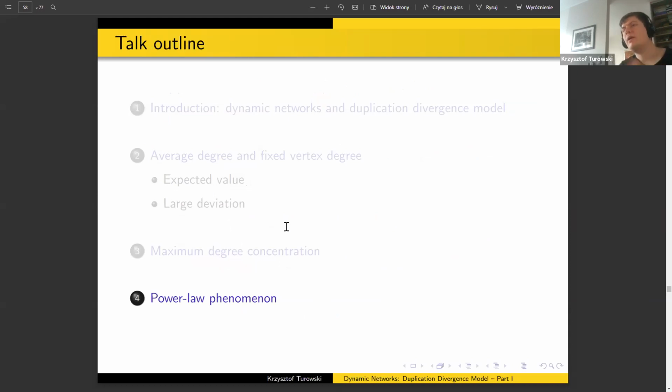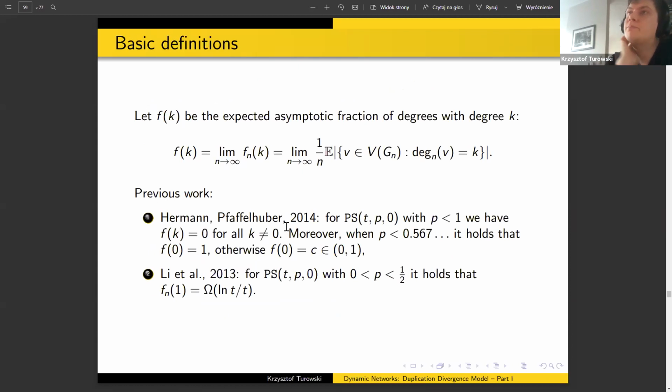And now the latter part of my talk, the power law phenomenon. We go back to the pure duplication model. So let us suppose that we do not have any edges which are related to the value of r. And we are interested in the behavior of the degrees of the vertices, the number of vertices with degree k.